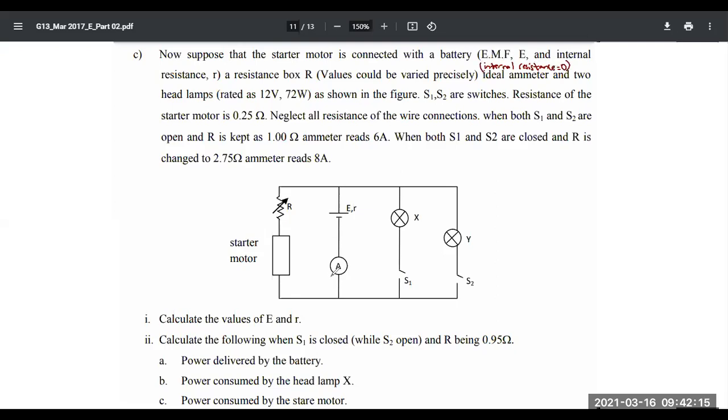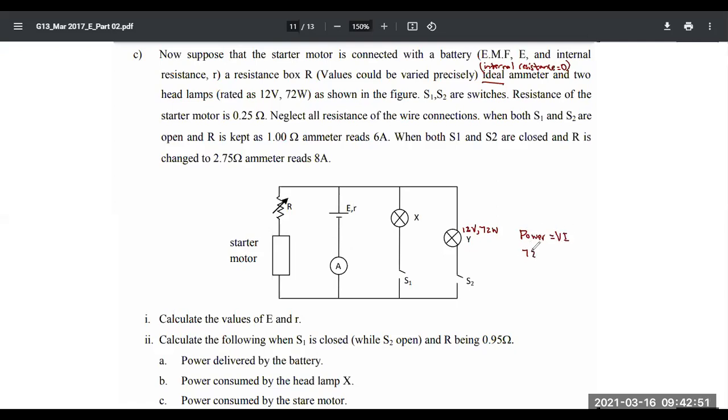So we don't have to worry about its resistance, because any electrical equipment will have a small amount of resistance. When they say ideal ammeter, we have to assume that it has no resistance whatsoever. And two headlamps, you can see two headlamps are there, rated 12 volt and 72 watt. When you say 12 volt and 72 watt, for the proper functioning it requires 12 volt across that. For this, you can use the equation power equals VI.